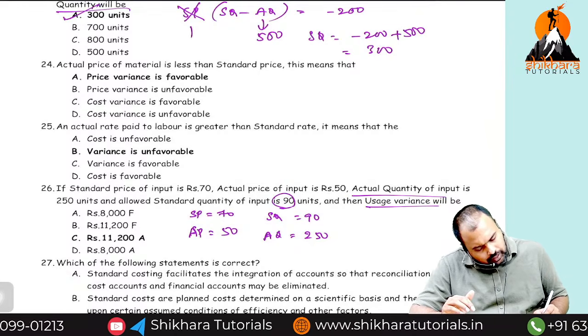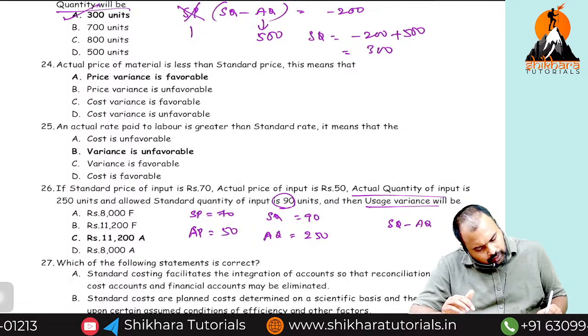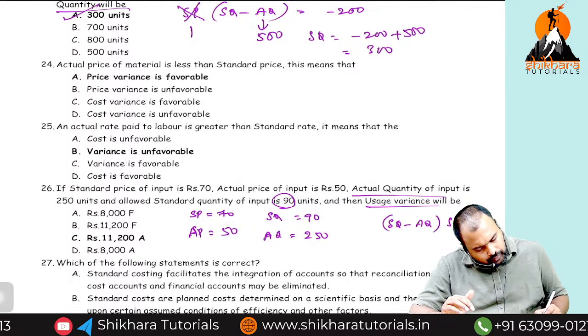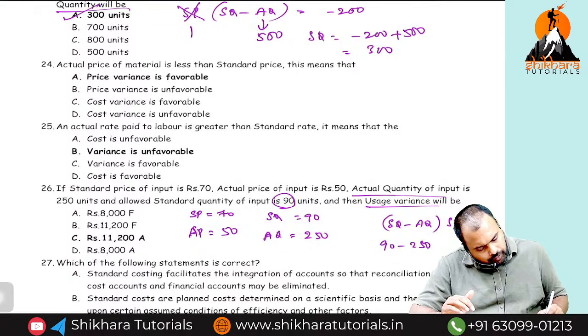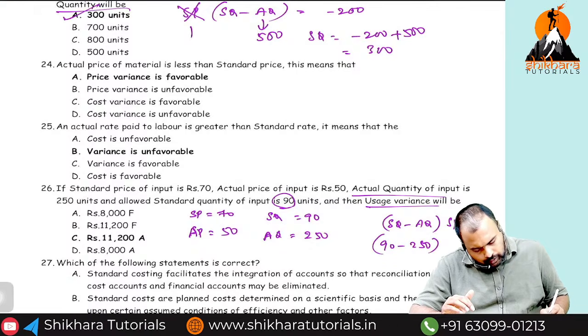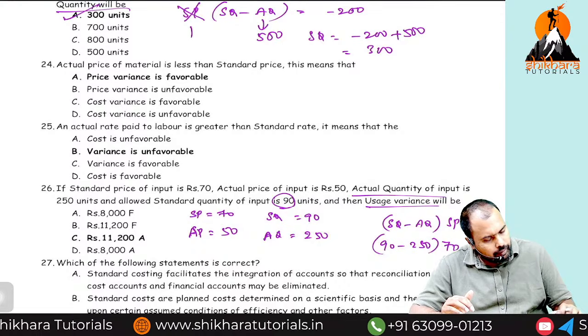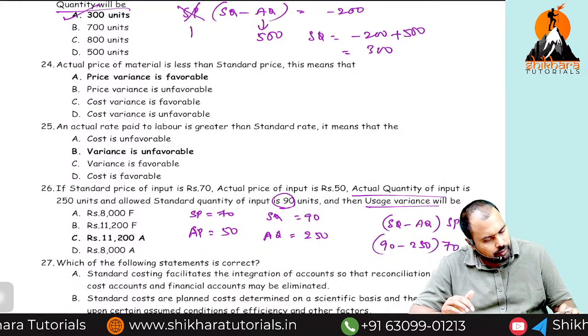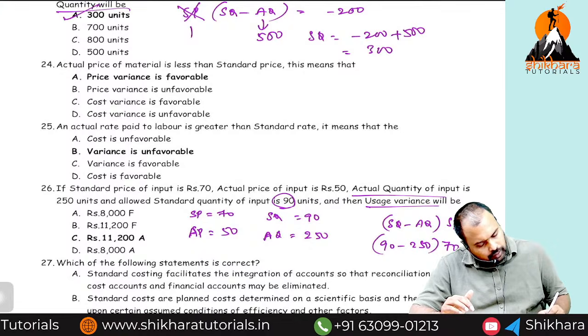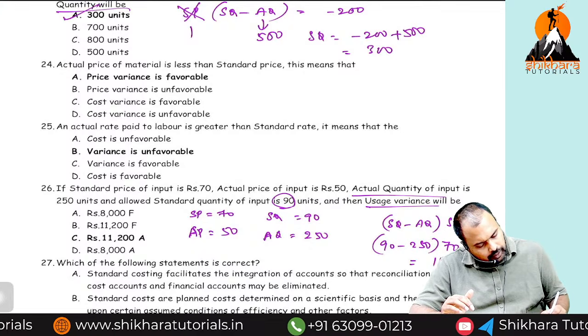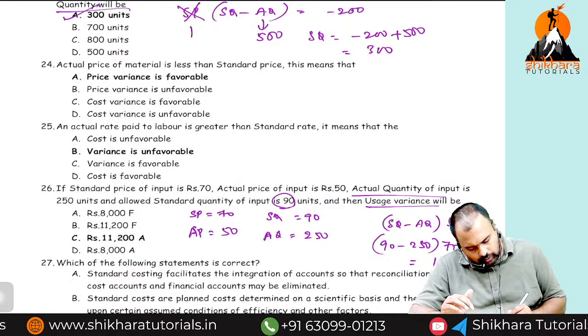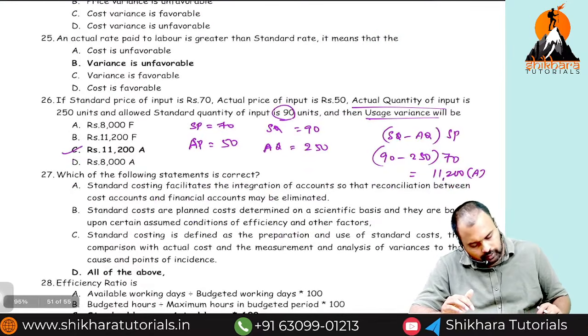Usage variance is standard quantity minus actual quantity into standard price, which is 90 minus 250 into 70, which is 11,200. It has to be adverse. 11,200 adverse.